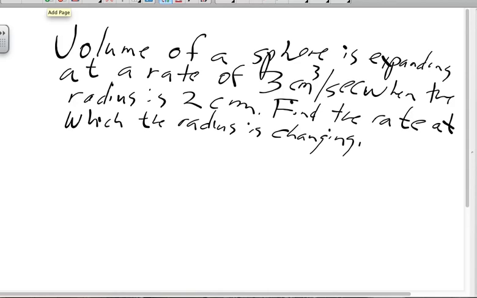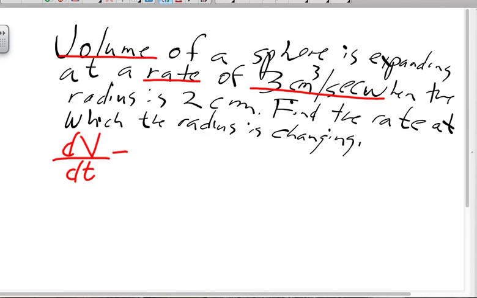Okay, so let's take a look at this rate. Volume, 3 cubic centimeters per second. So I know that dV/dt, which is my instantaneous rate of change of volume with respect to time, is going to be 3 cubic centimeters per second.